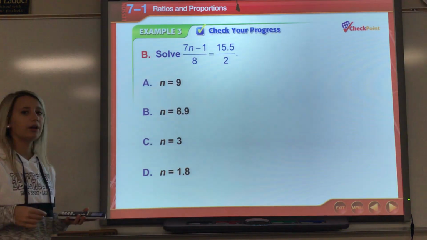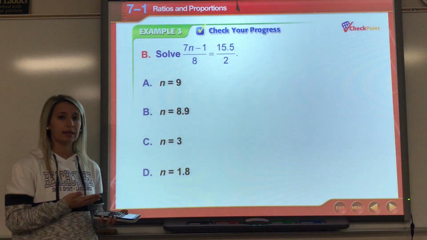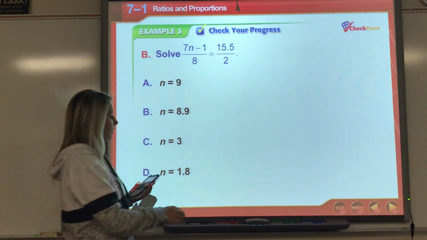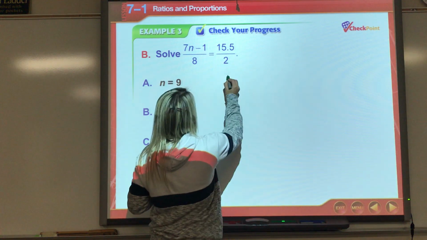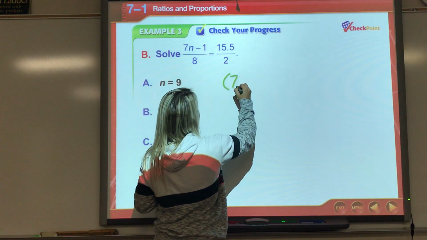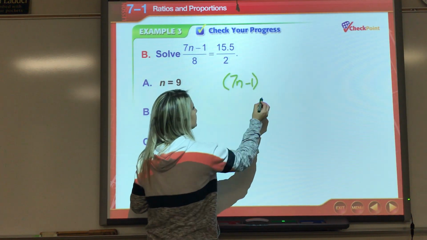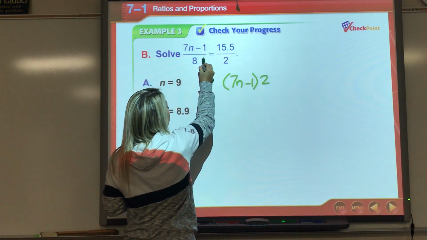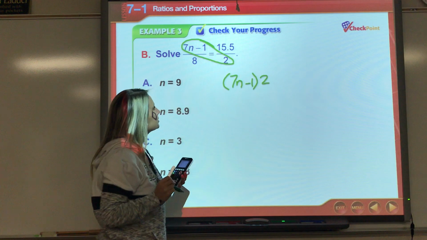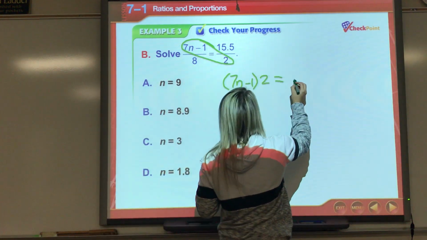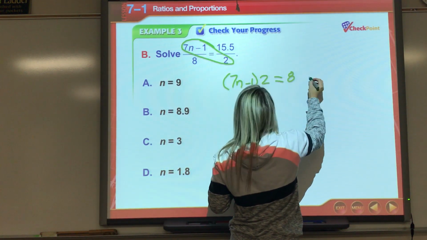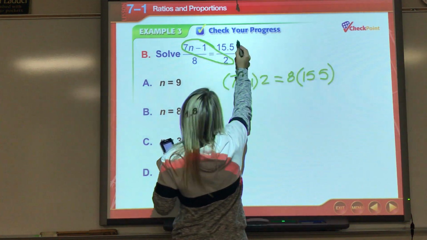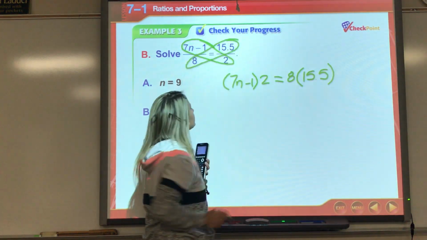Okay, here's another one. Remember, use your parentheses when you're setting this up, so pause your video, go ahead and do this. So when we set it up, I'm going to put 7n minus 1 in the parentheses, and I'm distributing a 2 through it because that's that cross. Okay, and that will be equal to 8 times 15.5, which is that cross.